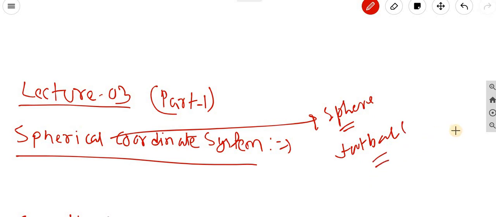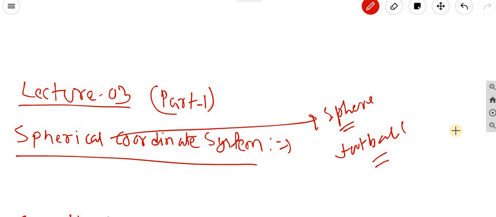As we know, this is an orthogonal coordinate system. So why this coordinate system? We know that each and every point and each and every quantity in space we have to define.